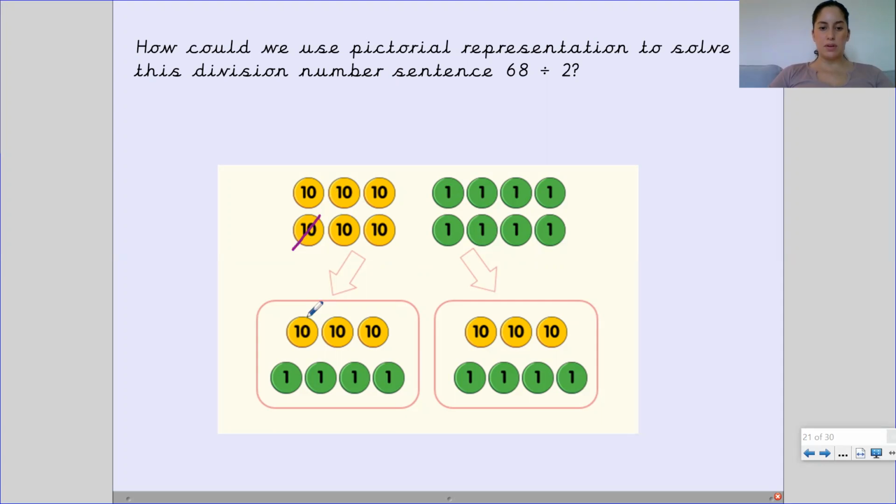So one of them has gone here, one of them has gone here, another one has gone here, and another one has gone here, and one more has gone here, and the last one has gone here. So they've divided all the tens into 2 equal groups, and they've done the same with the ones by sharing them equally between the 2 groups one by one.